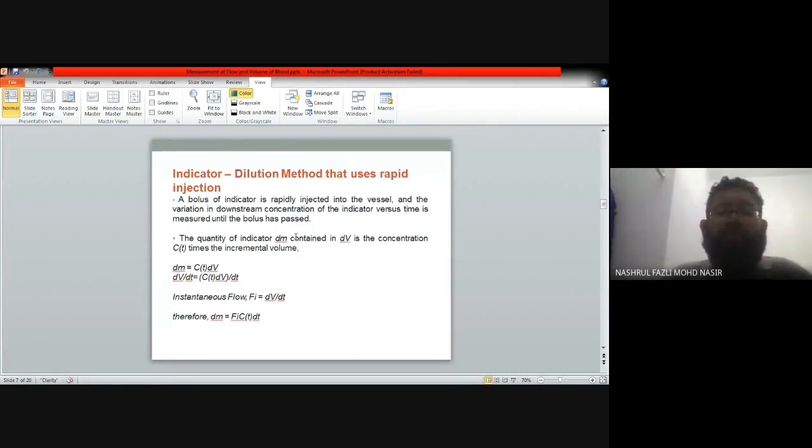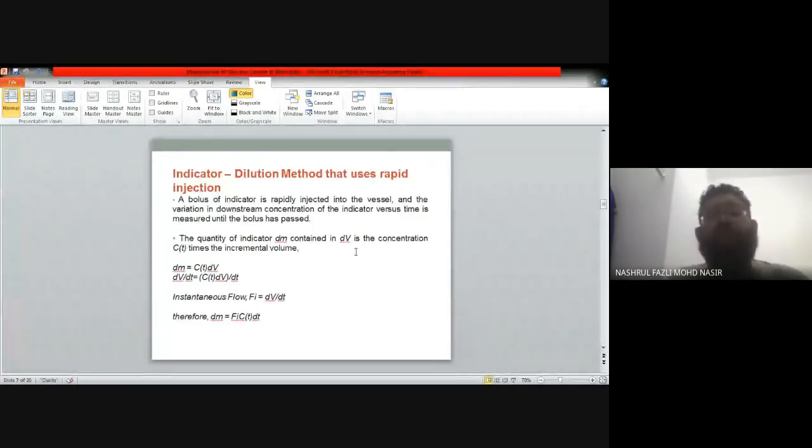So the quantity of indicator dM contained in dV. Again, this is the dM. The quantity of the indicator in dV. dV has something to do with the volume.